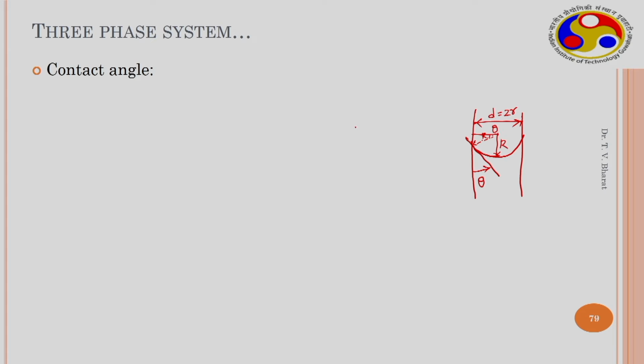If I magnify this, this is capital R, this is the wall, and this is small r, and this angle again should be theta. So R cos theta would be equal to small r.